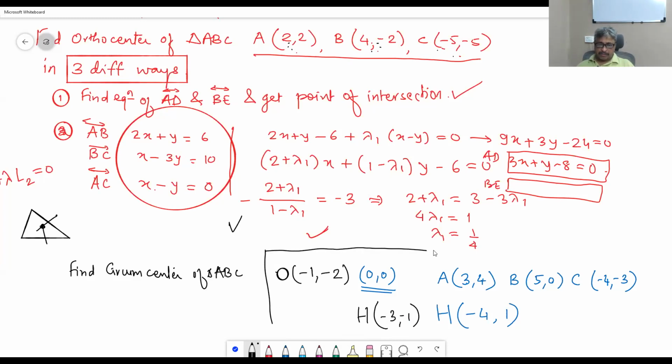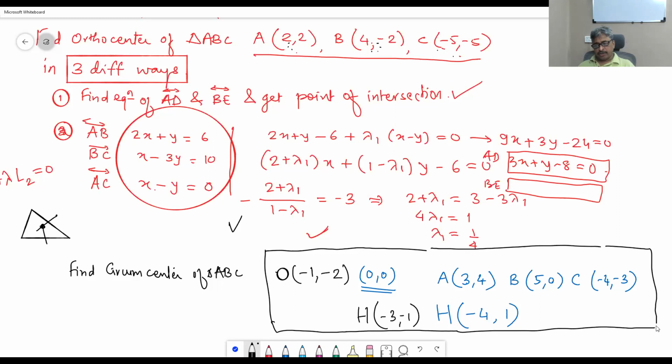If you know the circumcenter of a triangle and you are asked to find out the orthocenter, then this sometimes becomes very, very useful. Here, when the circumcenter is at origin, the orthocenter is the summation of x coordinates, comma summation of y coordinates. That is the point that I wanted to make at the end of the last lecture. I hope you have understood.